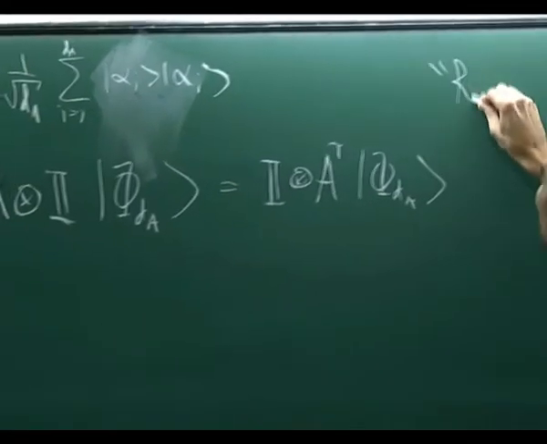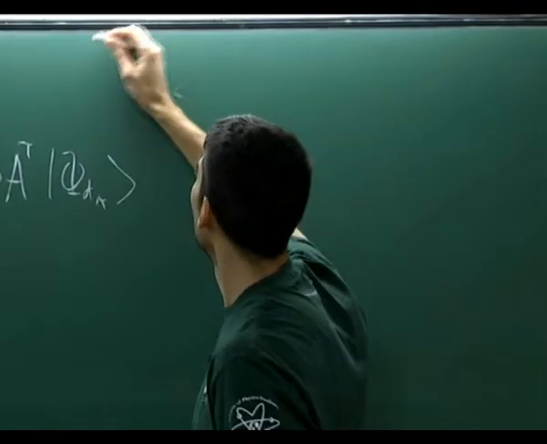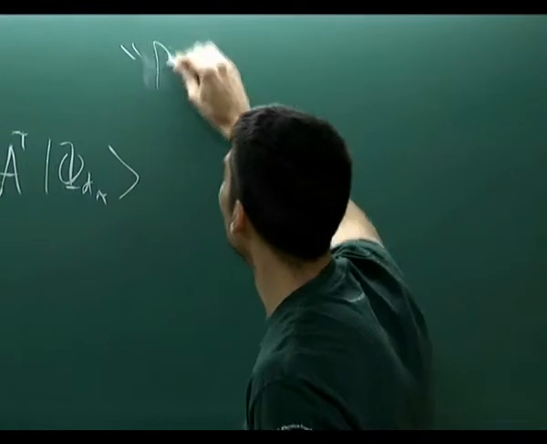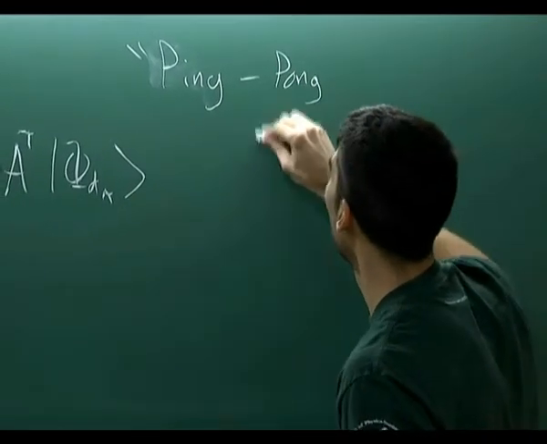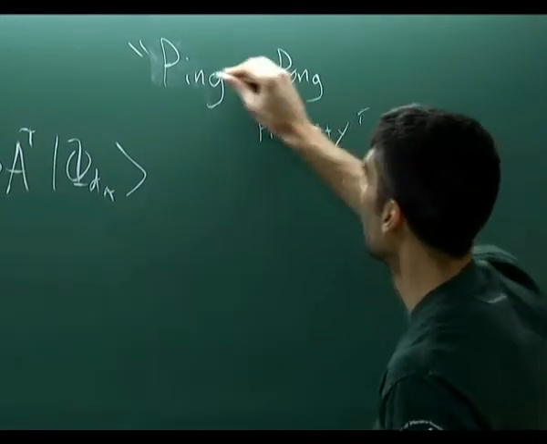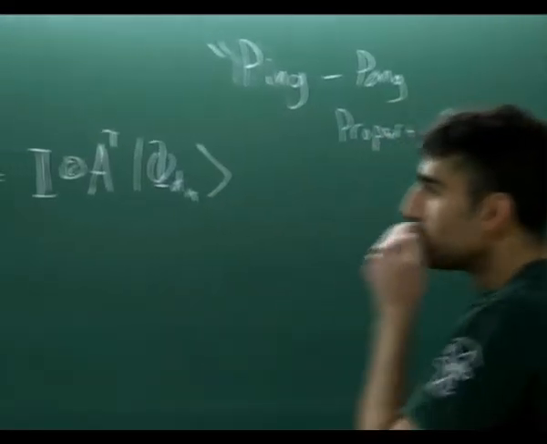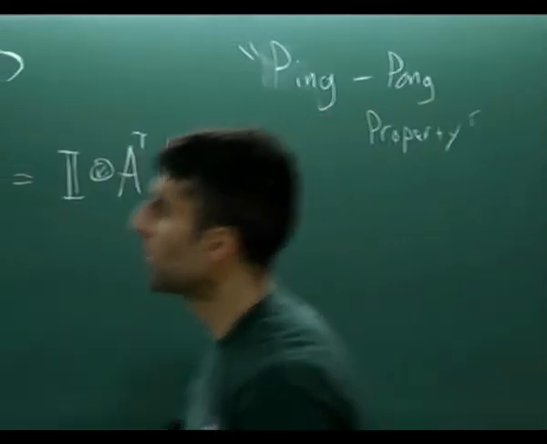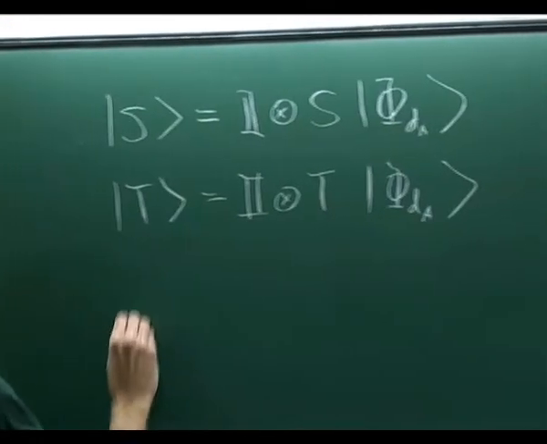So this is sometimes known as the ping pong property. Because it's like you take your A and you bounce it off, you get on Bob's side, and you pick up a transpose.